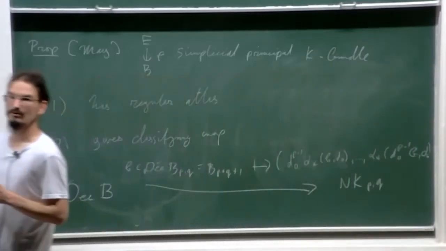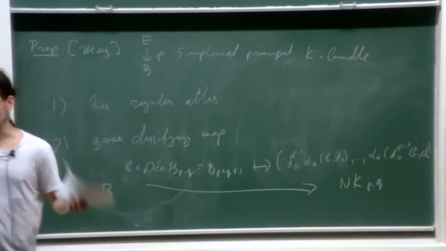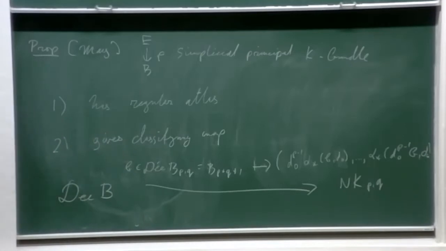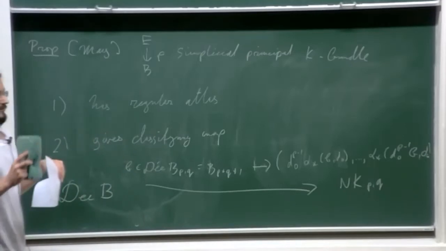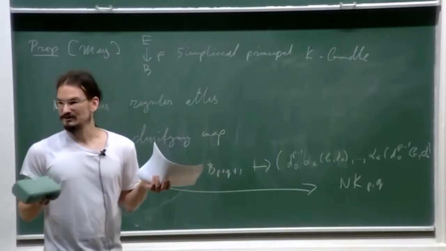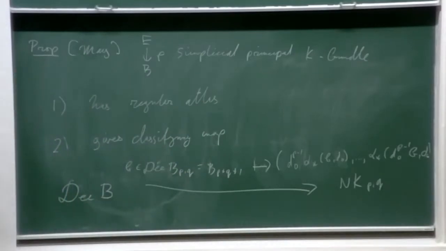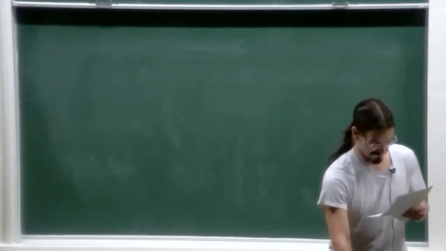And then we were hoping that you can just say this when it's a regular atlas, a tau atlas. But the problem is that the tau structure may not be given on a regular atlas. So the point is that this is nice, but we need some other object which has classifying maps coming from non-regular atlases.